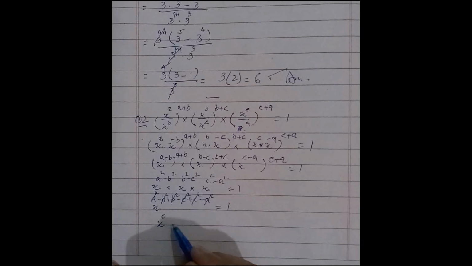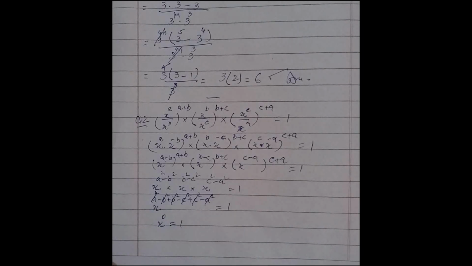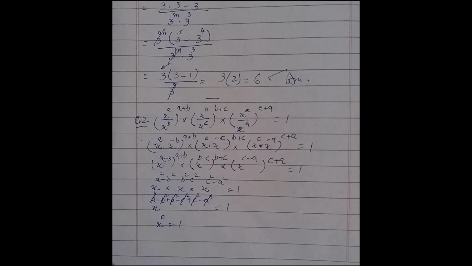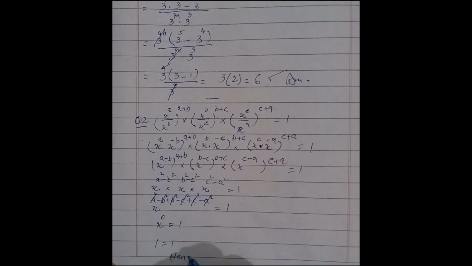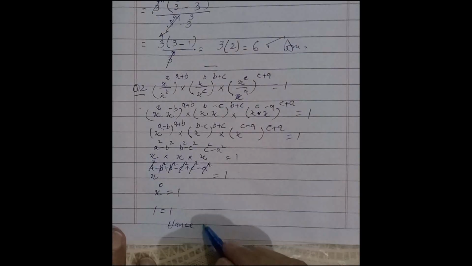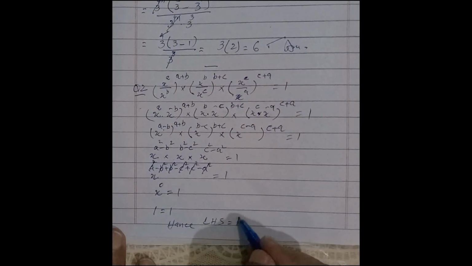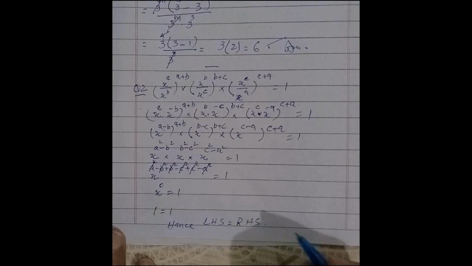And we get x power 0 is equal to 1. It is the property of the exponent that when the power is 0 of any number, the answer is 1. 1 is equal to 1. So hence left hand side is equal to right hand side.